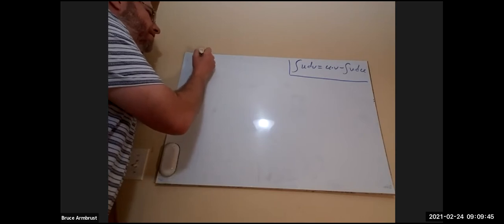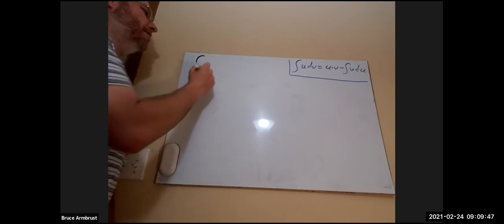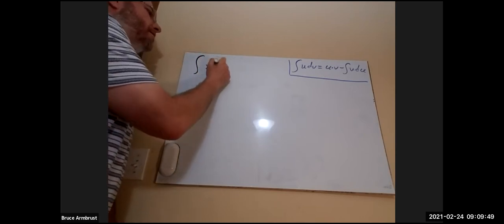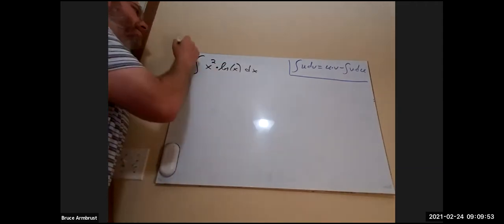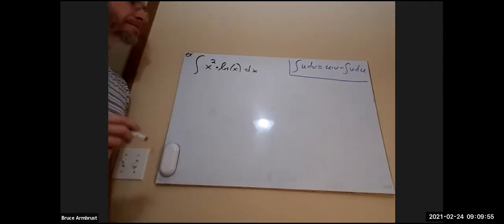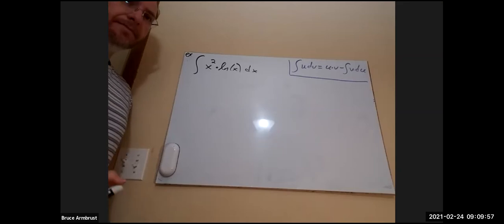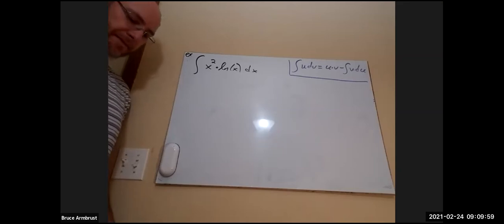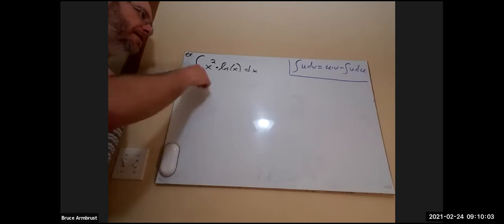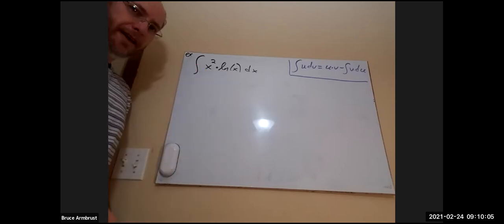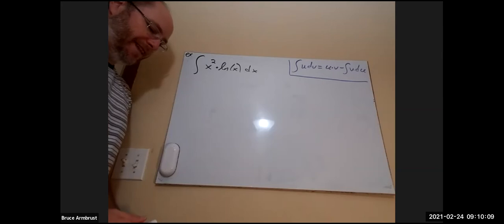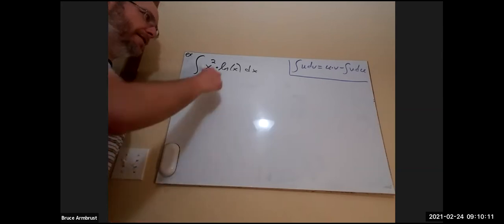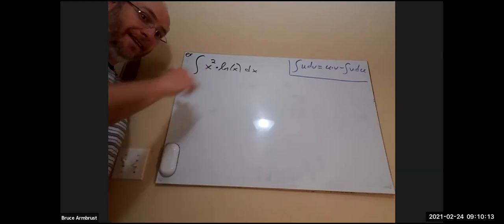All right, so let's try this one. Let's say we've got the integral of x squared times the natural log of x. The two obvious choices would be x squared or natural log of x. If we go to our little mnemonic device of LIATE, we see the log is highest on that list.